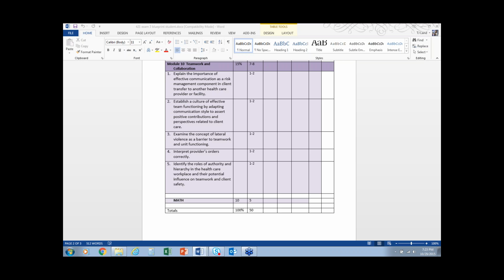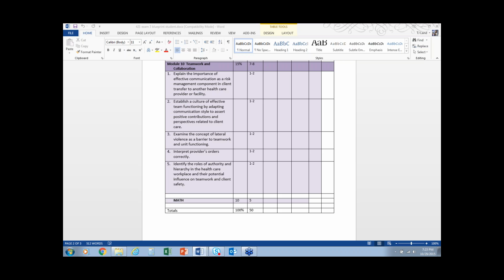Objective 3 says you need to be able to examine the concept of lateral violence as a barrier to teamwork and unit functioning. Well, first you have to know what lateral violence is. It's something that you discussed earlier on in your education. And then how would it be a barrier to either a team or a unit function?